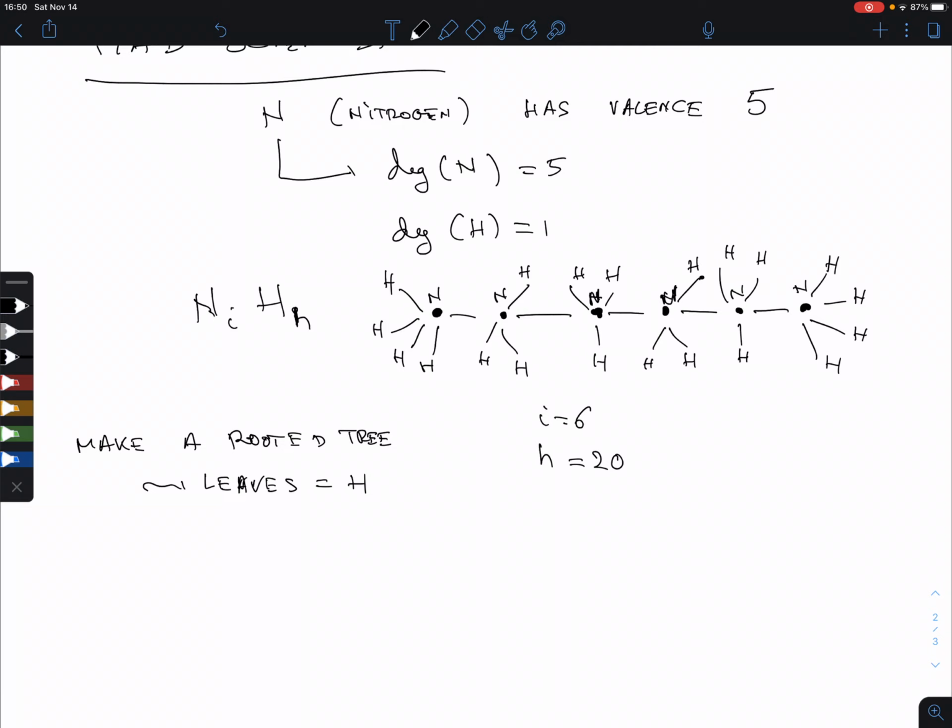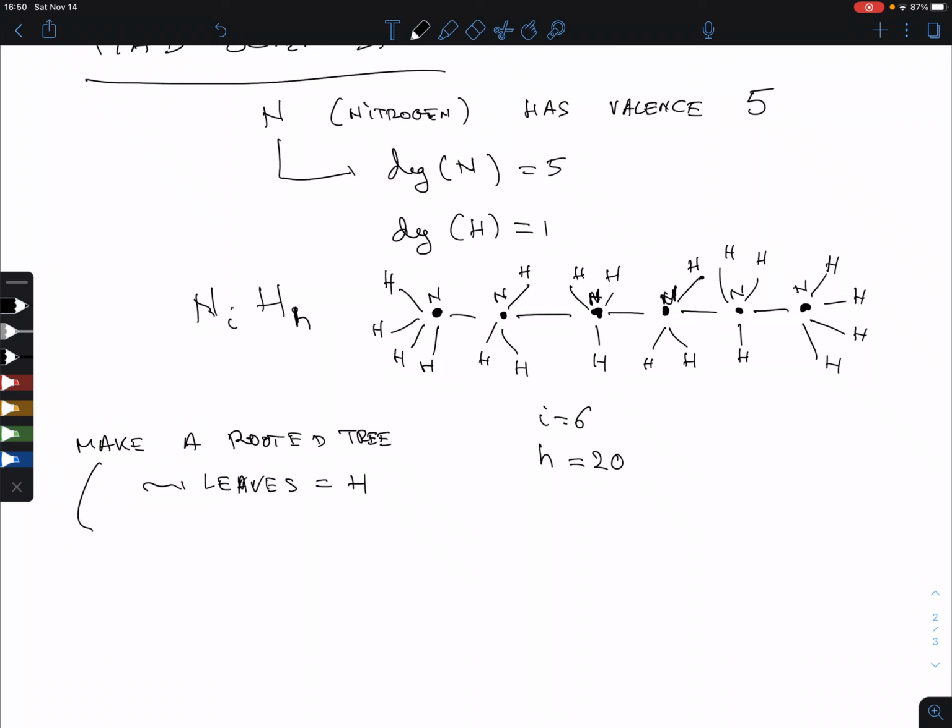So make a rooted tree so that all the H are leaves. In other words, make a rooted tree rooted at one of the nitrogens. But again, for the same reason as before, I will have to remove one of the hydrogens.